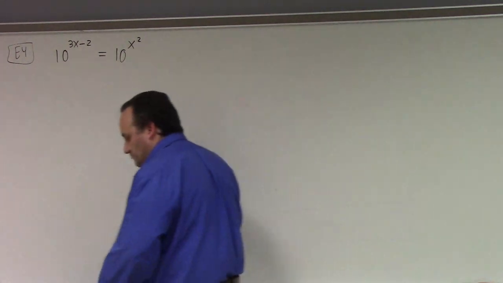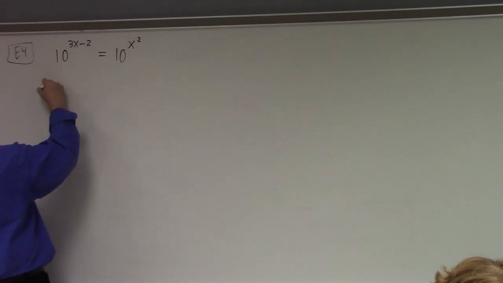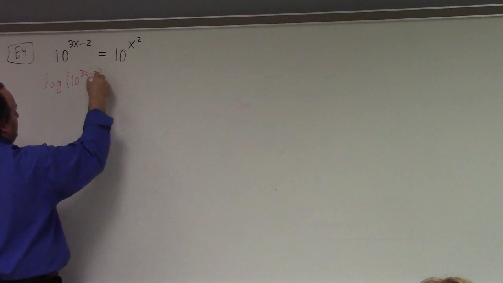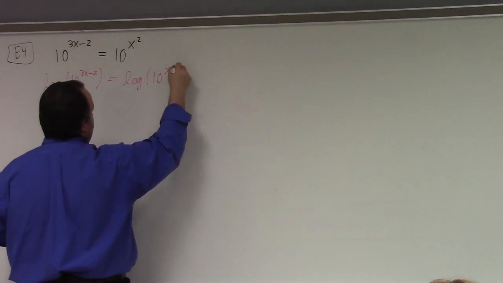Now what we could do is take the log of both sides of the equation. So we've got log of 10 to the 3x minus 2 is log of 10 to the x squared, do you see?